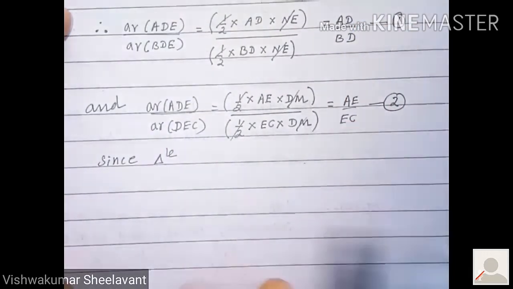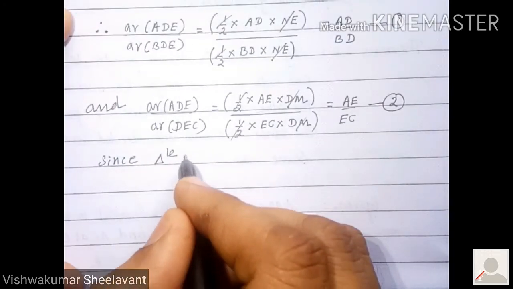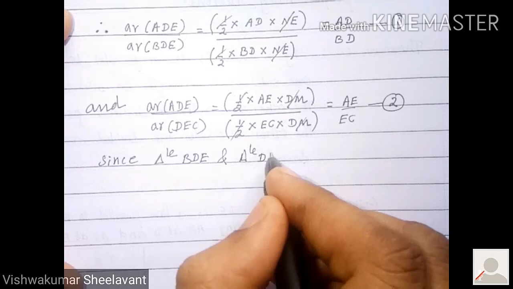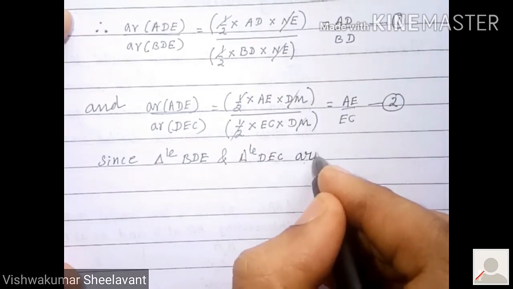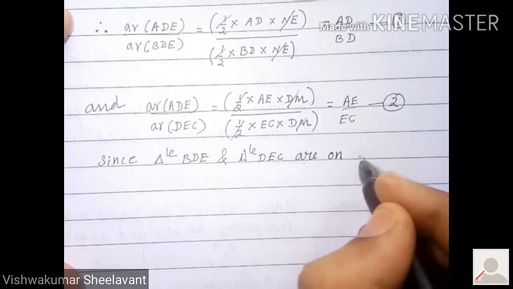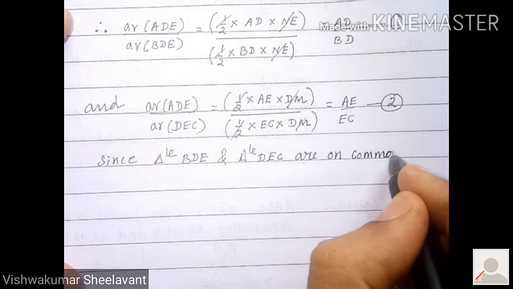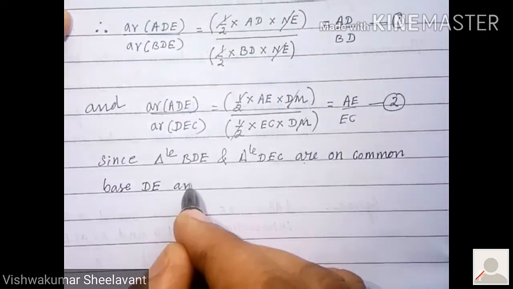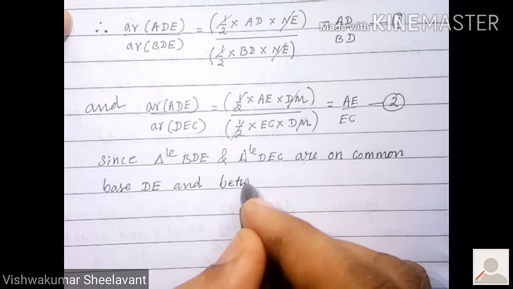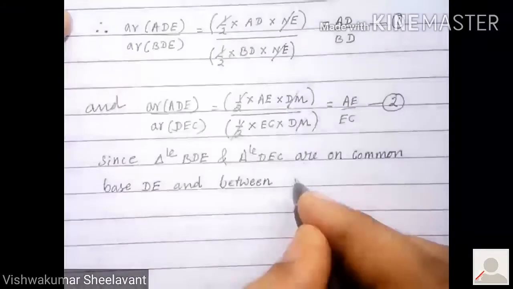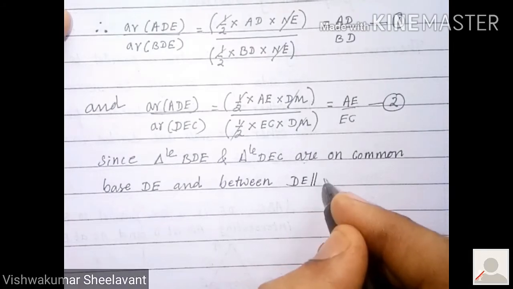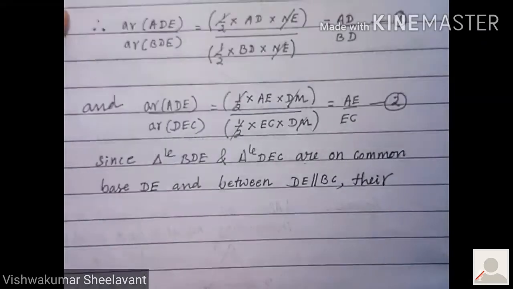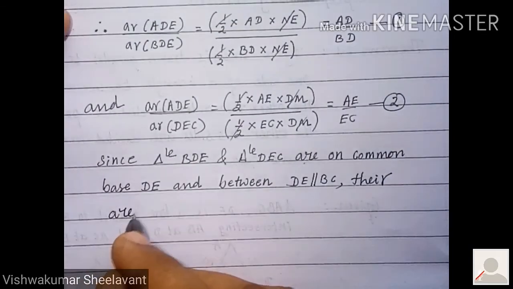Okay, good. Since triangle BDE and triangle DEC are on common base DE and between DE parallel to BC, their areas are equal.